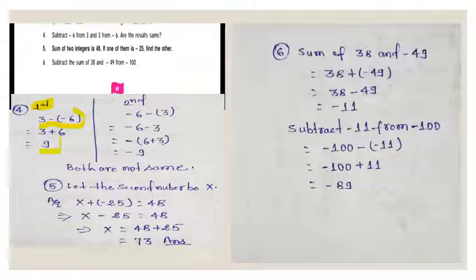In the second condition, subtract 3 from minus 6, which means minus 6 minus 3, which means negative of 6 plus 3, is equal to negative 9, minus 9.